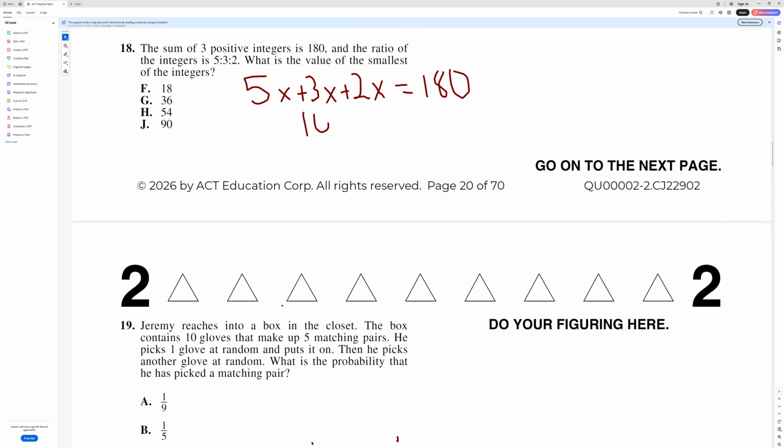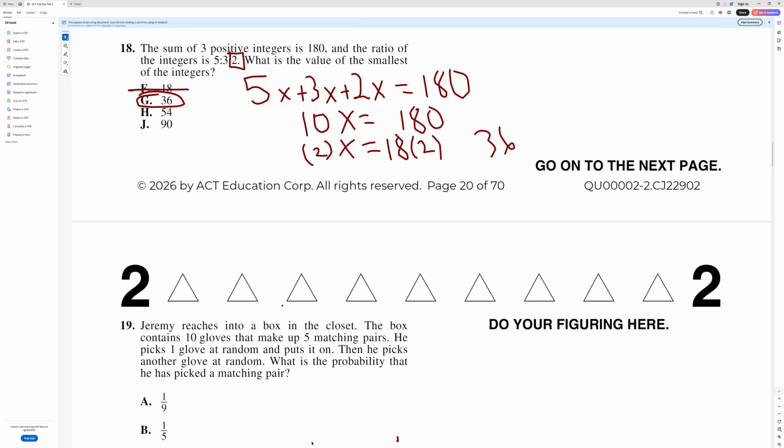That's 10x is equal to 18. Stop, be careful, it's not that. Sorry, 10x is equal to 180, so x is equal to 18. The smallest ratio is 2, so 2 times x is equal to 18 times 2, which is 36. G is your answer.